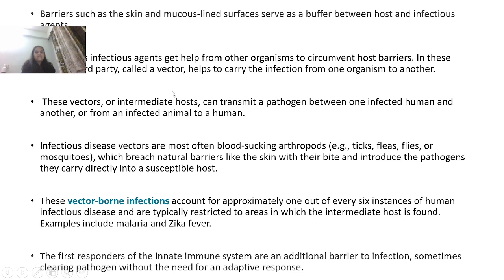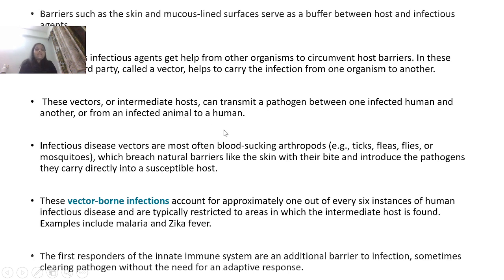Sometimes what happens is these infectious agents get help from another organism to circumvent this barrier. In this case, a third party, called a vector, helps carry the infection from one person to another. The vectors or intermediate hosts can transmit a pathogen between one infected human and another, or from one infected animal to a human.